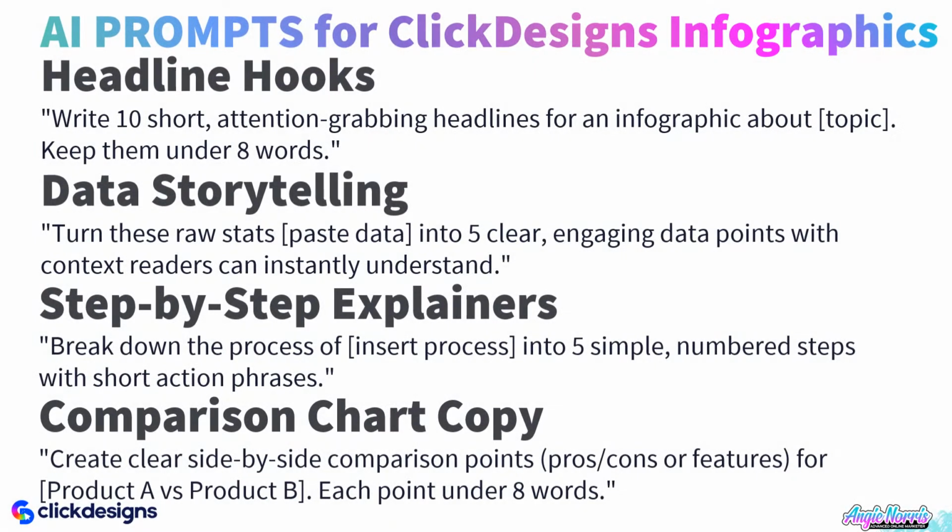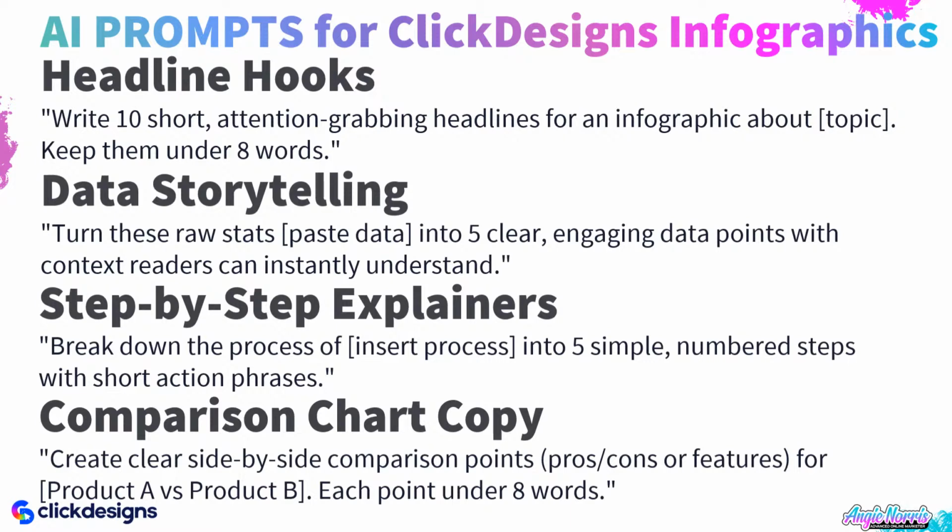So here are some ideas for infographics. Screenshot these if you want to use them and save them for later, or go back to this video and pause and then go and type these in. These are ideas. You can ask ChatGPT to come up with a lot more based on who you are, your industry, and your niche.